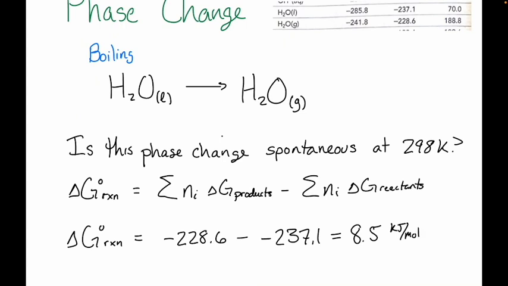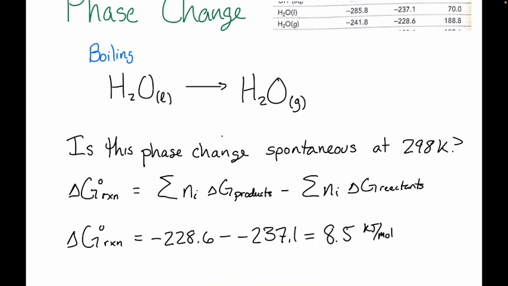The units on our table here are kilojoules per mole. So using those thermodynamic constants, I can predict whether or not this reaction is spontaneous or non-spontaneous. For this reaction, what do we got? Spontaneous or non-spontaneous? Positive means non-spontaneous.